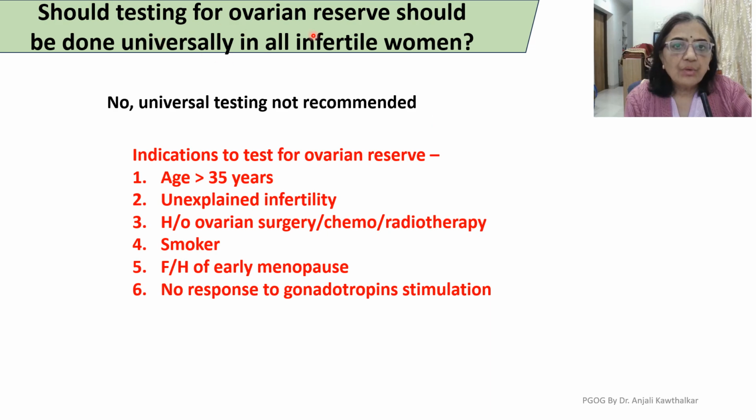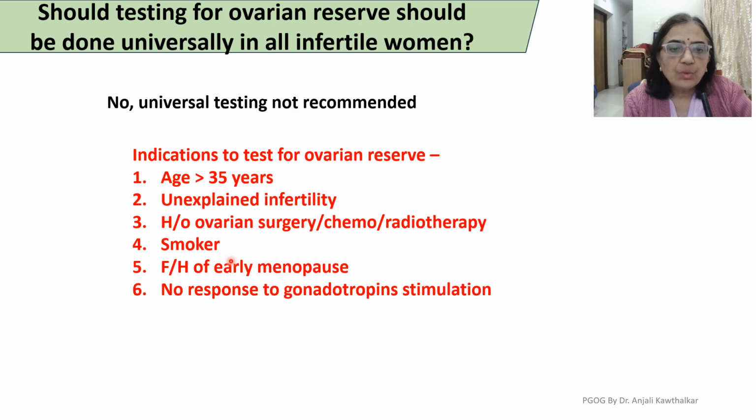So, should testing for ovarian reserve be done universally in all infertile women? If you are asked whether you will test ovarian reserve in every case of infertility, your answer should be no. Universal testing is not recommended, as it will not give us useful information if done in all women having infertility. Indications to test for ovarian reserve are elderly women, age greater than 35 years, unexplained infertility, history of ovarian surgery, chemotherapy or pelvic radiotherapy.